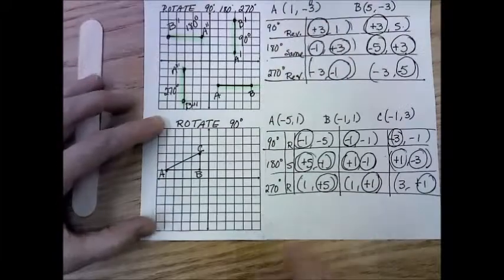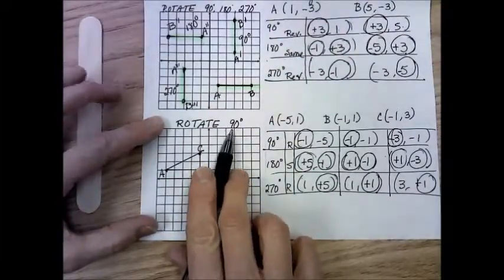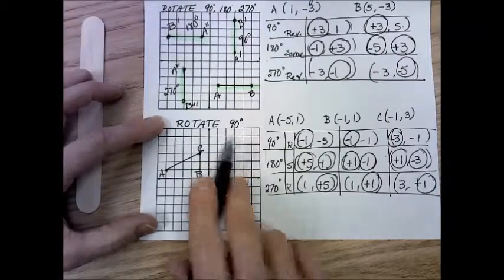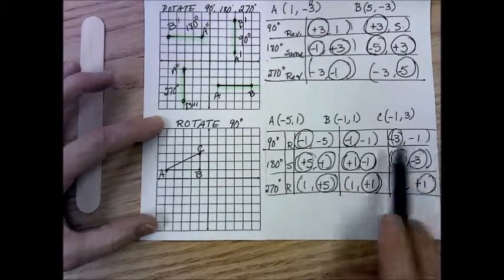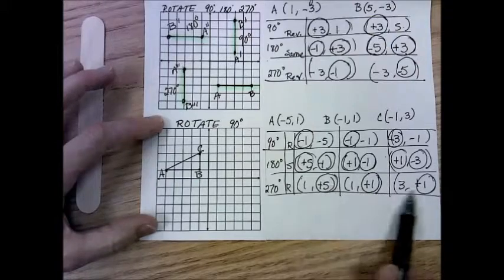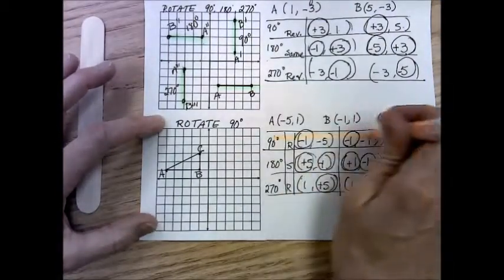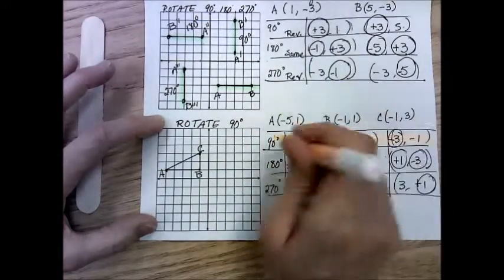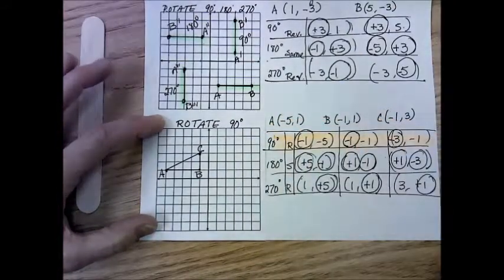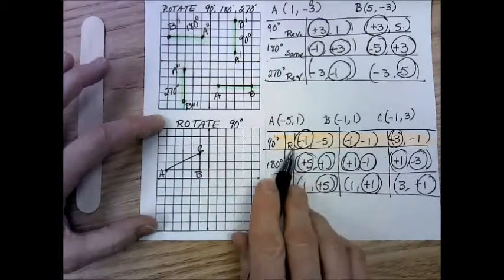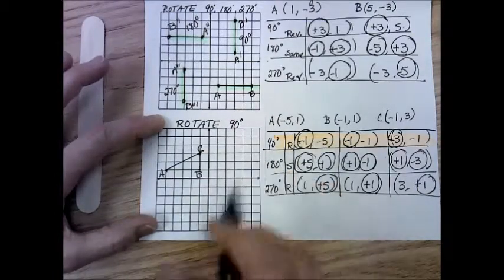So now we're going to do the directions here, just a 90-degree rotation. Well, I've done the ordered pairs for a 90, a 180, and a 270, but the only points I really need for my 90 are these points up here. So for a 90 degree, A is at negative 1, negative 5.